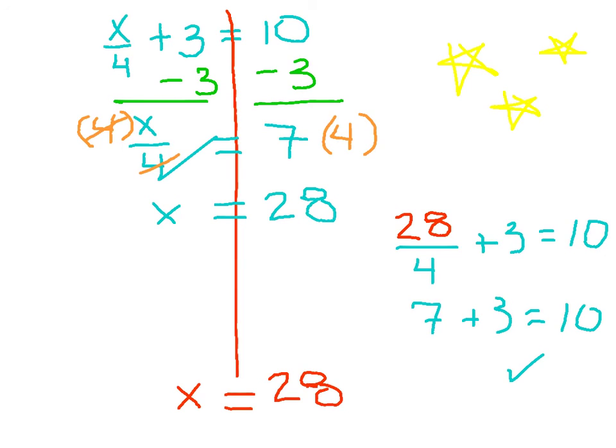All right, the question I'm going to ask you on A37 here is, why did I, on this problem, get rid of the 3 before I got rid of the 4 in the equation?